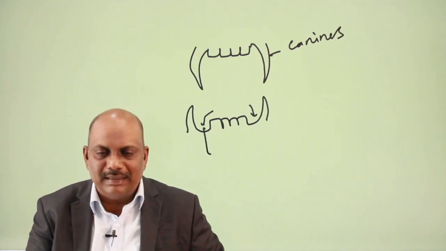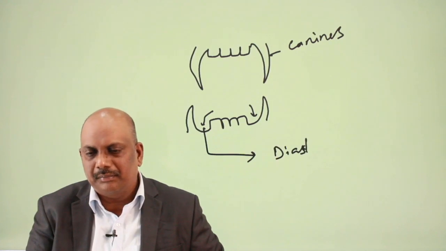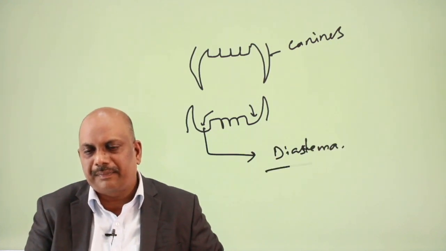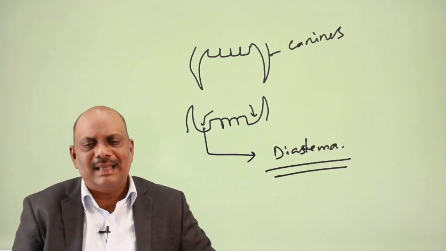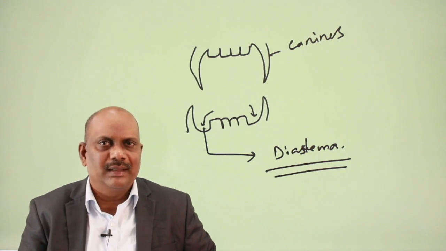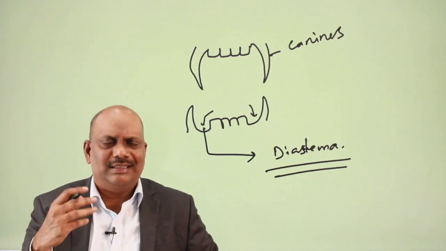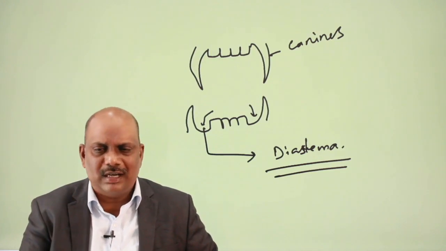This gap is called diastema. In Australopithecus, diastema is absent. It means that canines were not tusk-like. It was only slightly projecting.